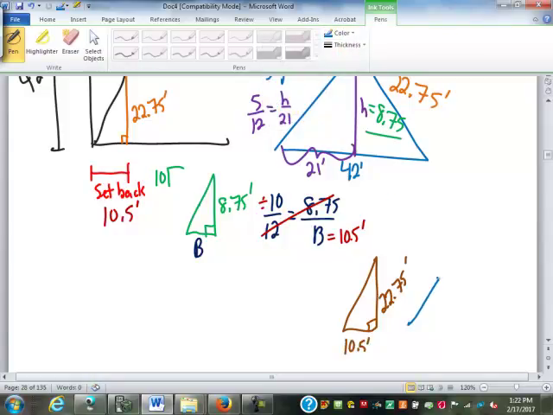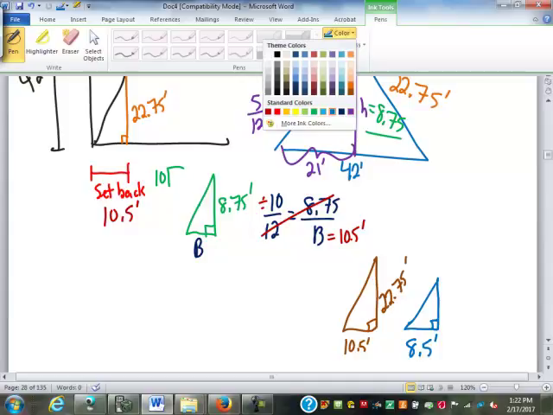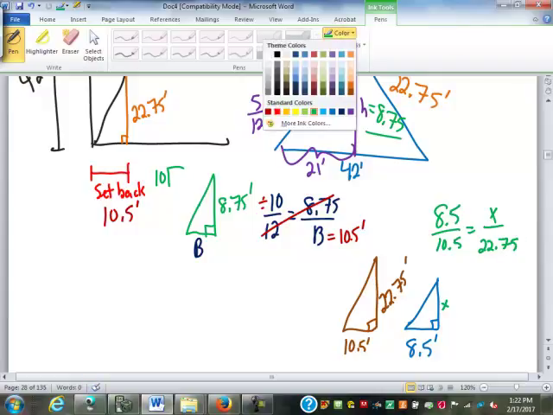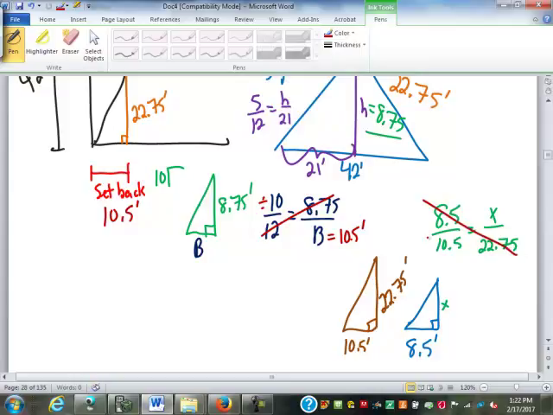So we'll do our next triangle, which will be 8.5 feet here. And our proportion will be 8.5 over 10.5 equals X over 22.75. This is going to be a relatively big, not near as extreme as the last one, but a relatively big decrease.